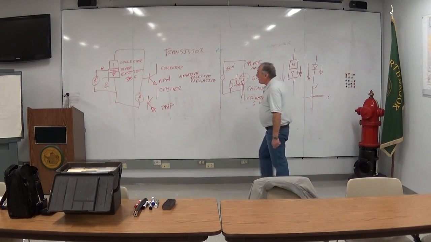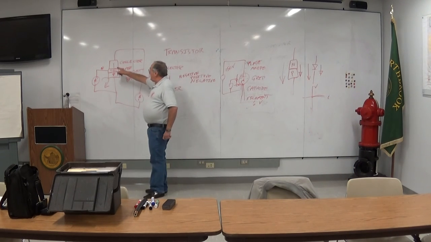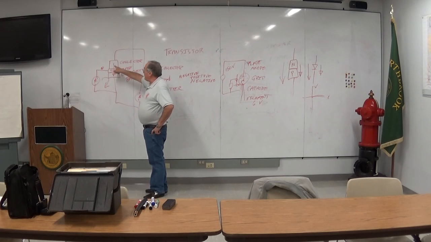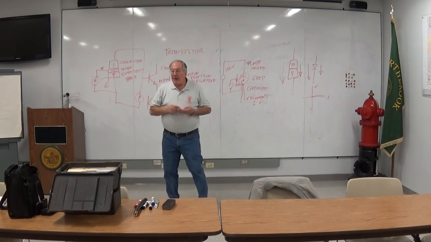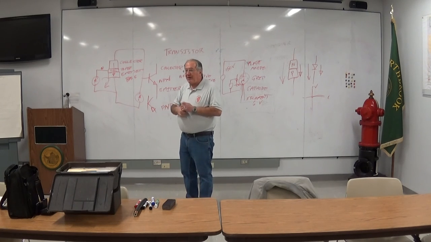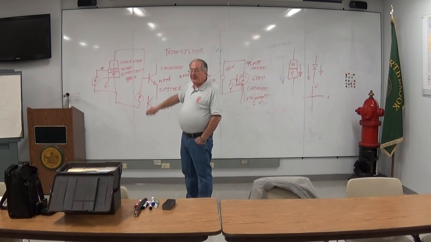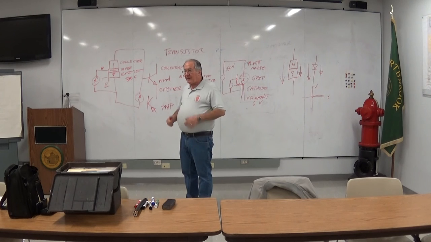So if you start with this, and instead of using N and P material, you use N and N material, stick the P material in between, and then inject minority carriers in, you get this so-called transistor effect that gives you the properties it has. And by the way, that base is really very thin. It's only about a micron, about a millionth of a meter.